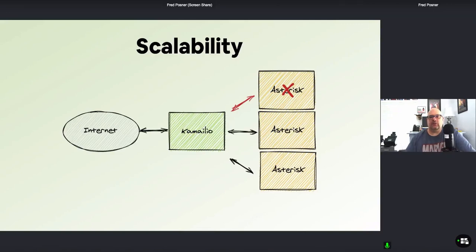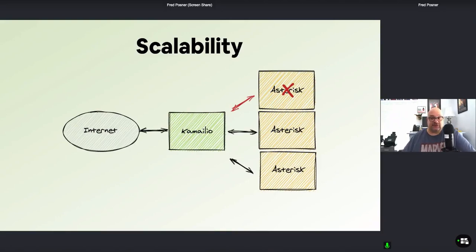It can even alert you so that you know when that node becomes unresponsive. The dispatcher module, and remember Kamailio is module based, so one of the 200 plus modules that we have is the dispatcher module, which is amazing for load balancing.